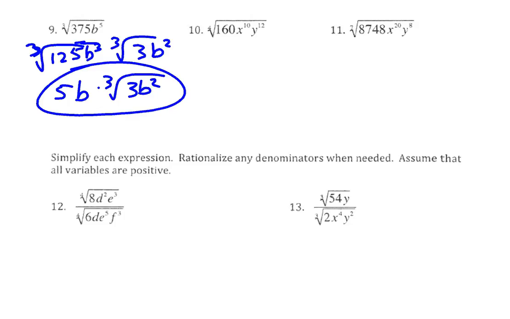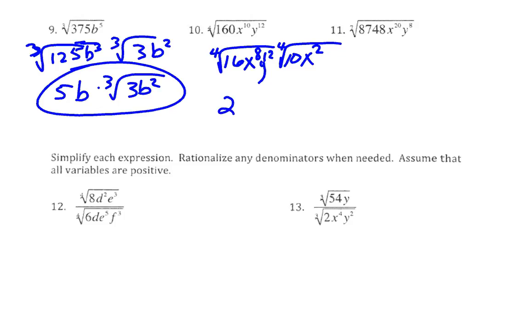Okay, fourth root of 160. So I look at my fourth power column, I'm looking for things that go into 160, and I see 16s on there. I can think of this as 16 times 10 is 160. And then I got x to the 10th. Well, I can think of x to the 10th as x to the 8th and x squared. Y to the 12th is good because 12 is divisible by 4. So, fourth root of 16 is 2.